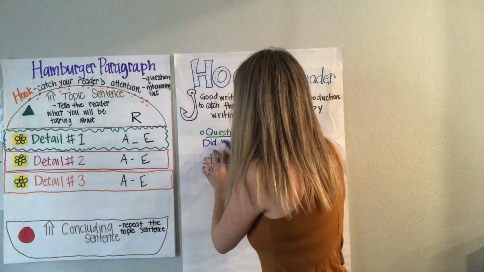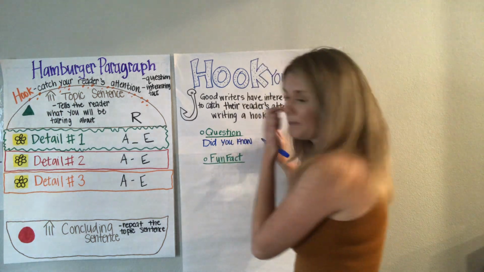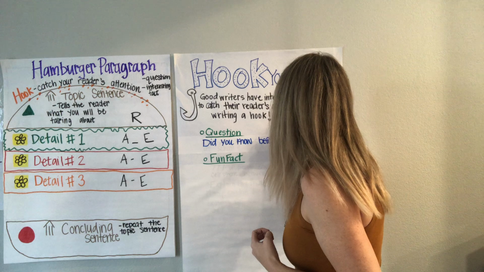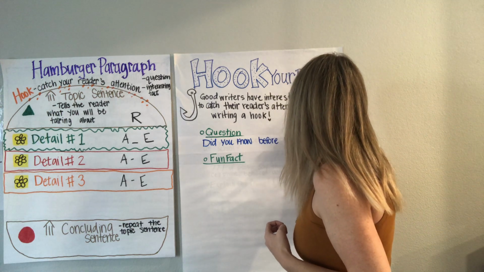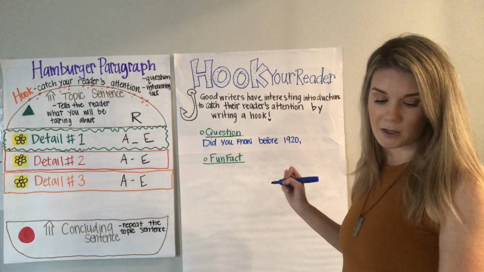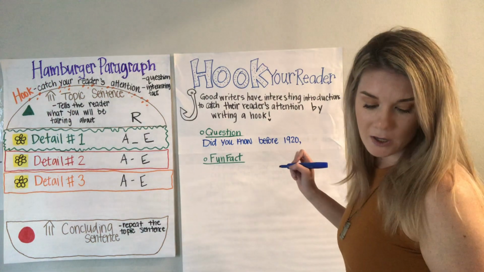Did you know before 1920, comma, I'm not going to change anything because this sentence is in the text. I'm just adding that did you know, so it's a question.